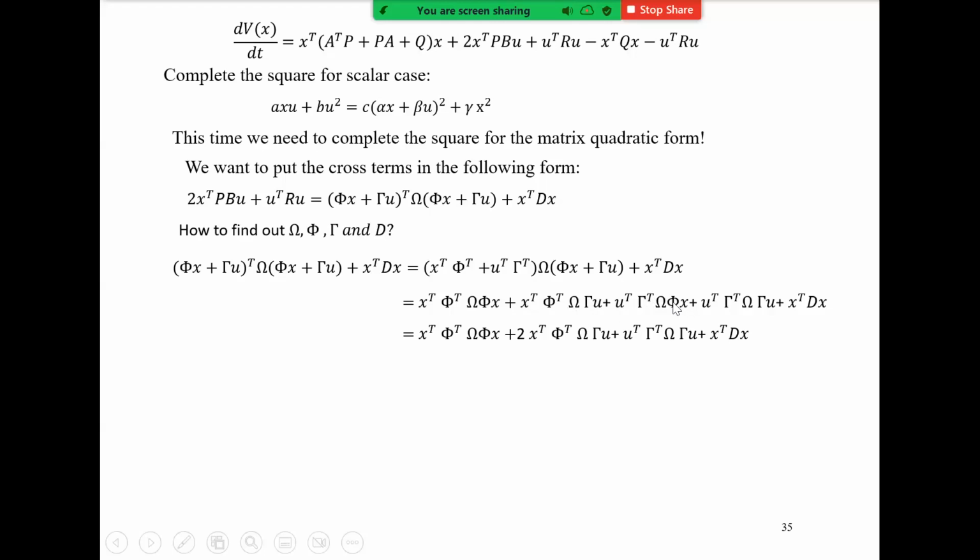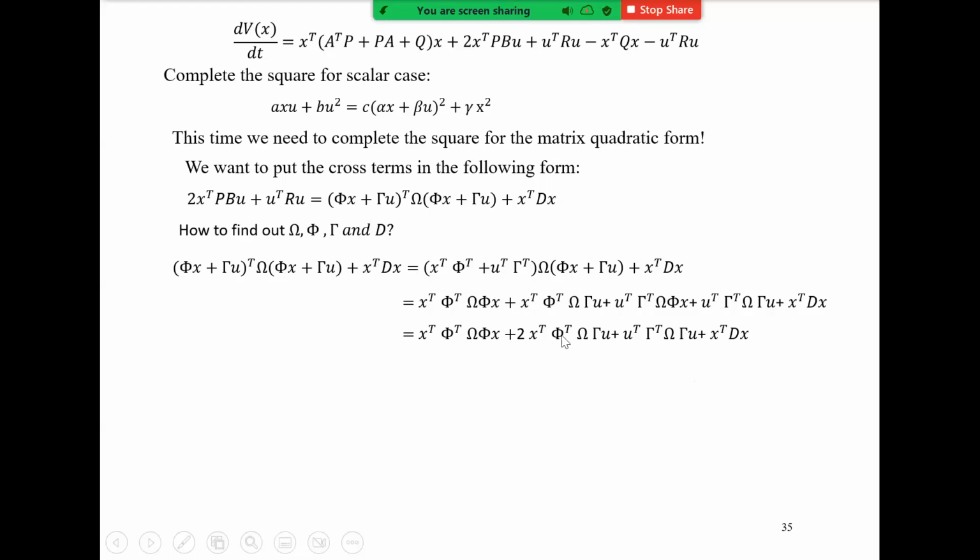So those two are the same, and I put them together. I get 2x transpose phi transpose omega gamma times u. Then I still have the u transpose term, like a u squared term, and I have this x squared term here. Those are the expansion of this quadratic form.